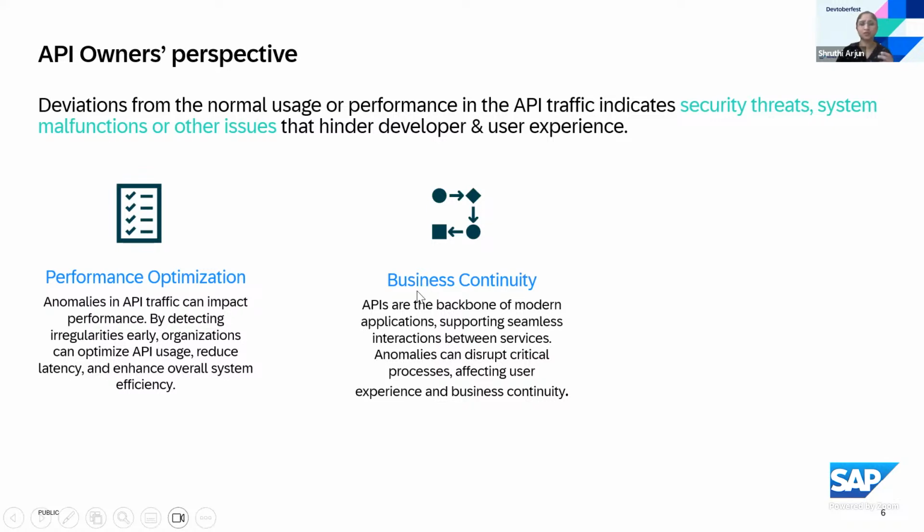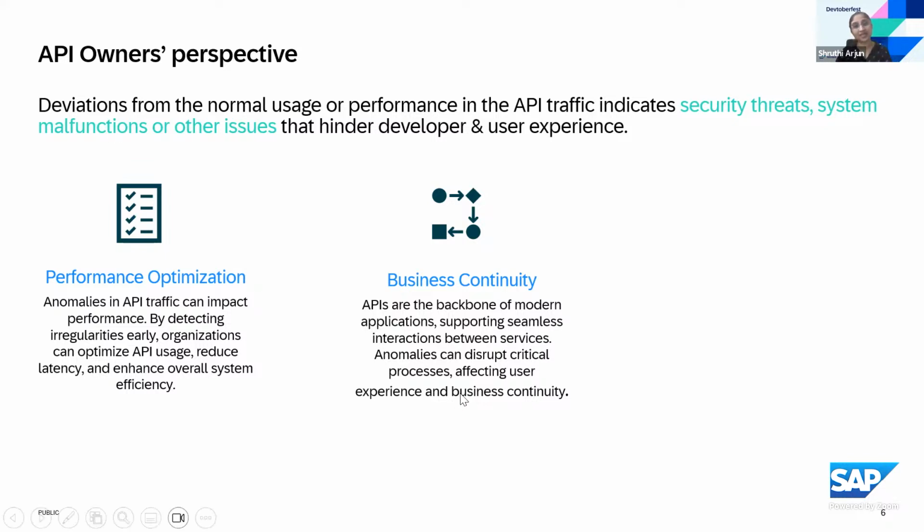They also care about business continuity, right? APIs are the backbone of many interactions that happen between systems. Modern applications are built on APIs as building blocks. Any kind of disruption or degradation on these APIs always affects the continuity of the business.